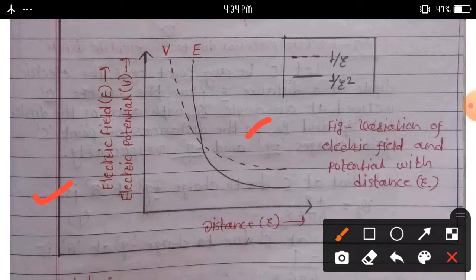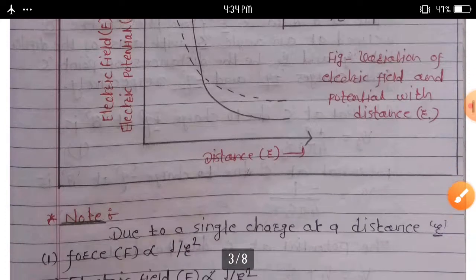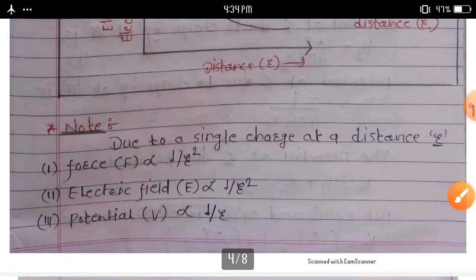Then we can note some points here. Due to a single charge at a distance small r, first, the electrostatic force F is inversely proportional to r square.